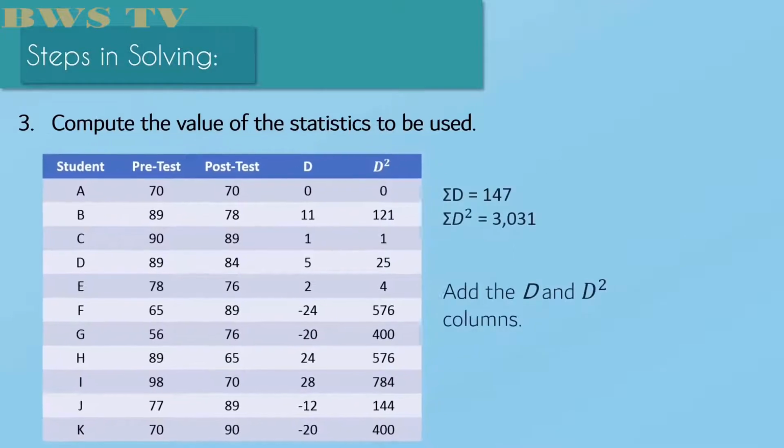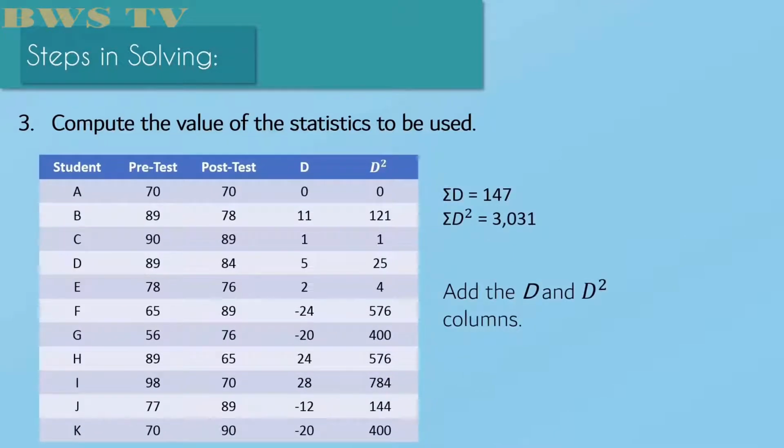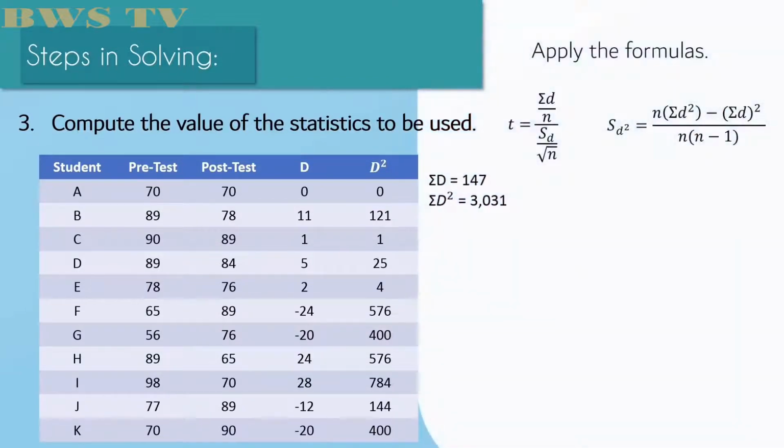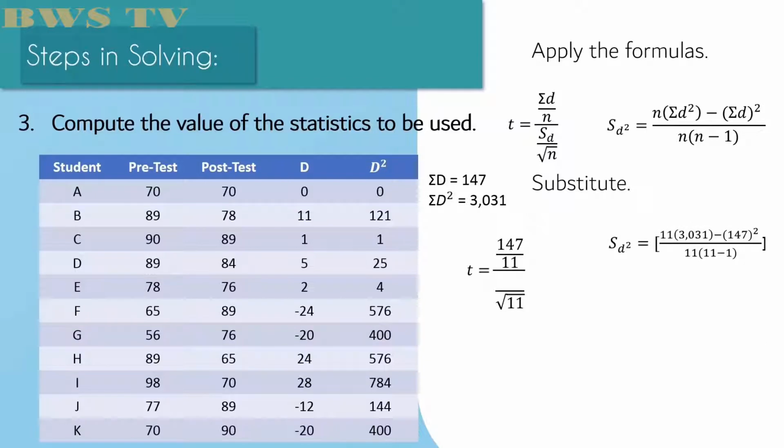Add all numbers in column D and you will come up with 147. Add all numbers in column D squared and you'll come up with 3031. Then, apply the formulas. Substitute. So, t is equal to 147 over 11, divided by s sub d over square root of 11.